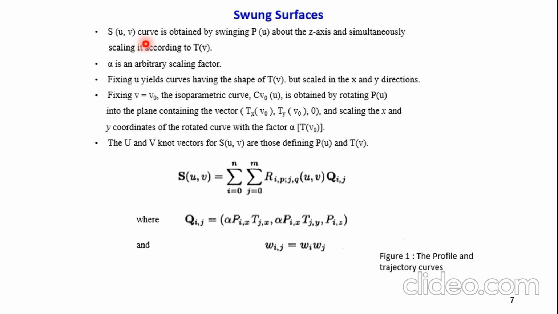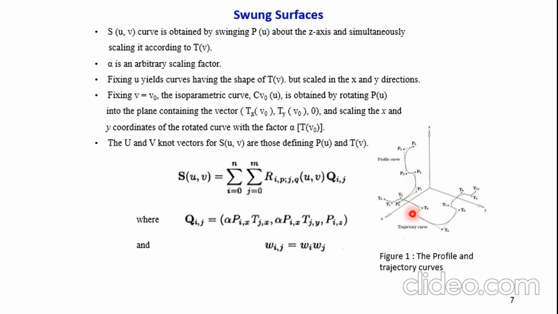So the curve S of U, V is obtained by swinging P of U about the z-axis and simultaneously scaling it according to T of V. Alpha is an arbitrary scaling factor. Here we have the points P0 to P5.